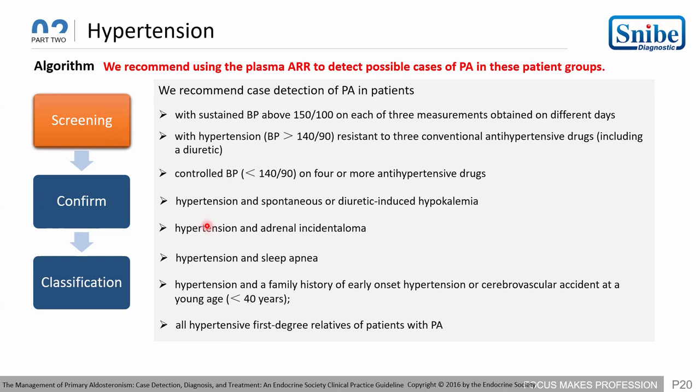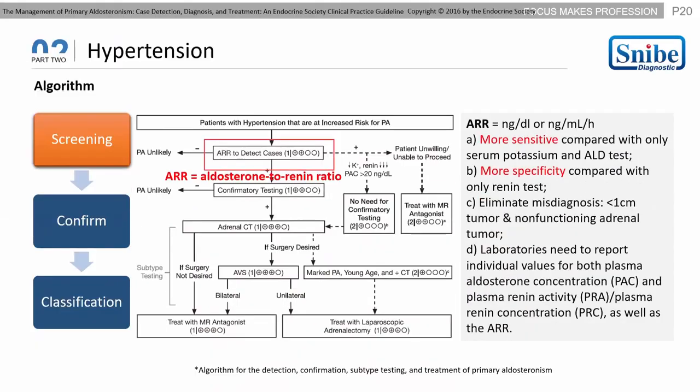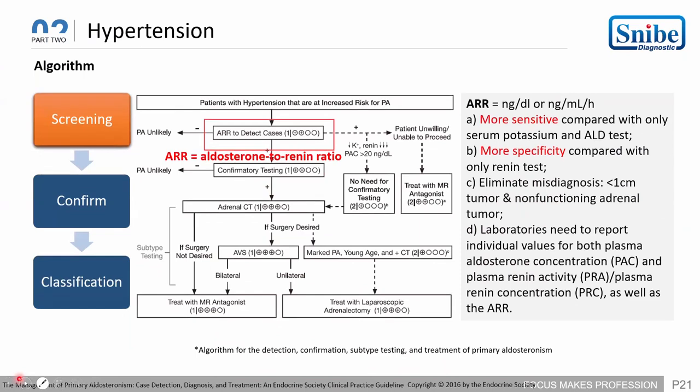So this is the screening, confirmation, and then classification algorithm, which may help them to diagnose and treat the hypertension. So patients with hypertension at increased risk for primary aldosteronism can have the ARR to detect cases, then the aldosterone to renin ratio, and then confirmatory testing.